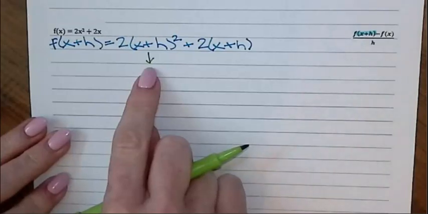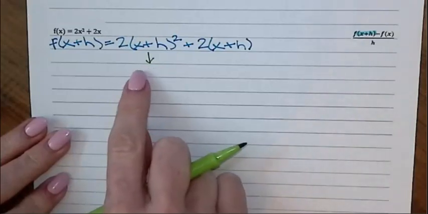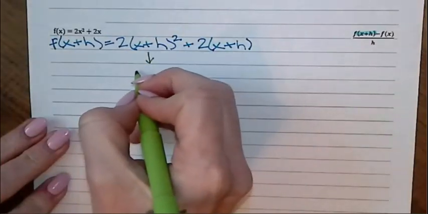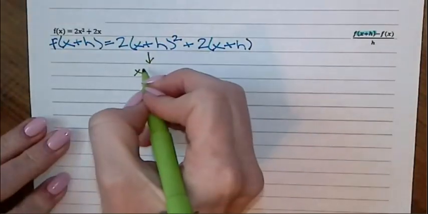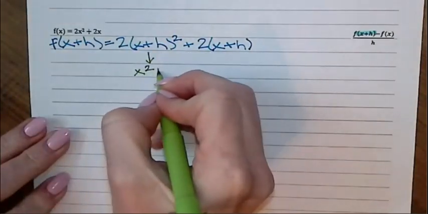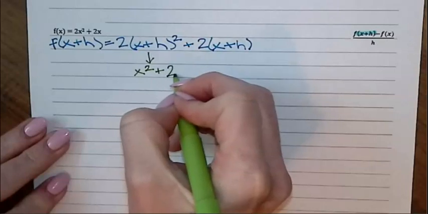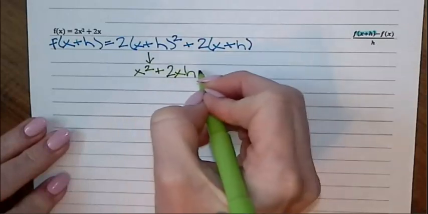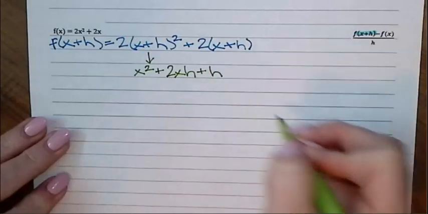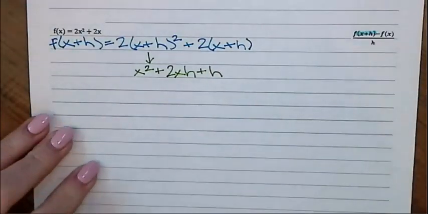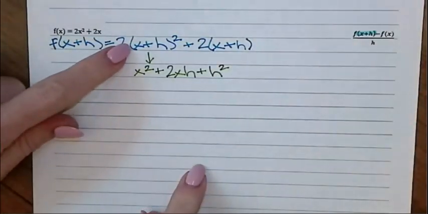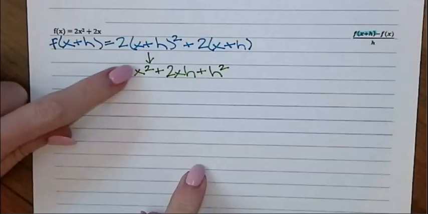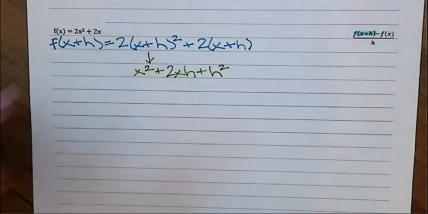You can either FOIL it, and do x plus h times x plus h, or you can know that when we square a binomial, we always get a squared, 2ab, and b squared. If you have a plus b quantity squared, you get a squared plus 2ab plus b squared. So anytime you have this, this is what you're going to have for that set of parentheses.